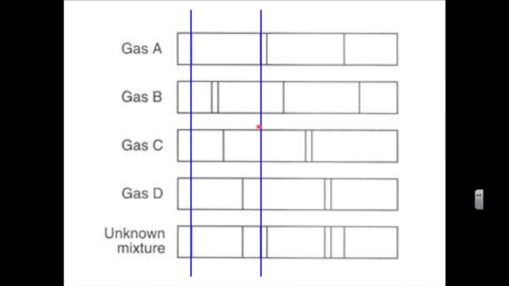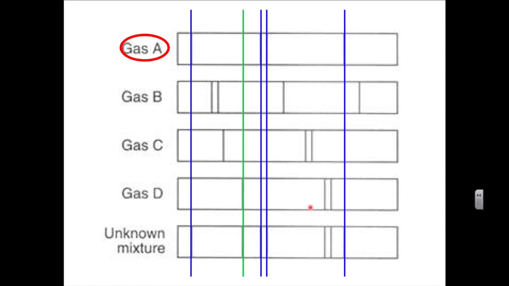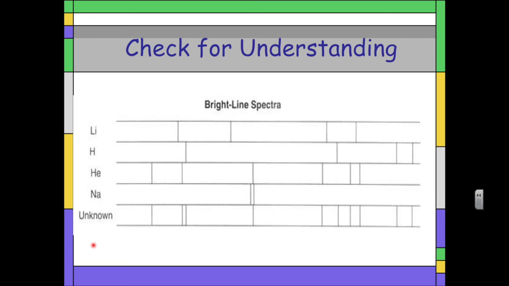You see where gas A's lines are? It's some of gas A. And this one right here, and then these lines match up with gas D. So this is a mixture of gas A and gas D. So very cool how you can identify elements just by their spectra.